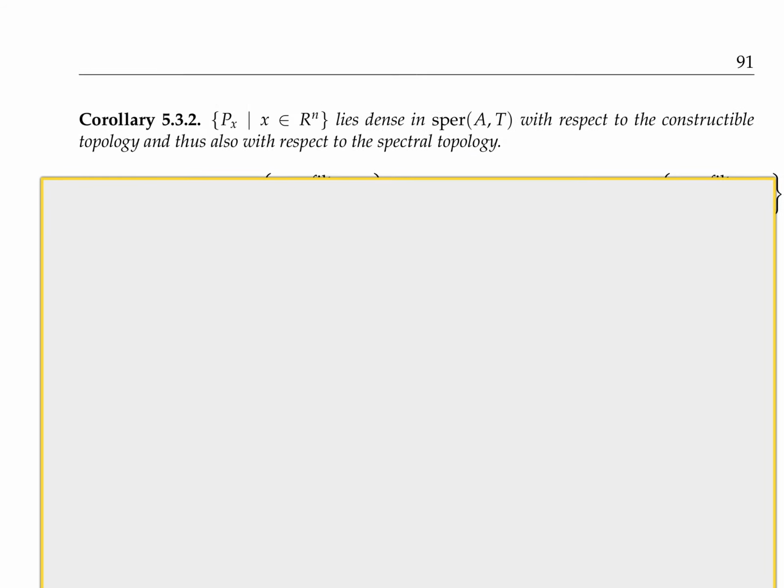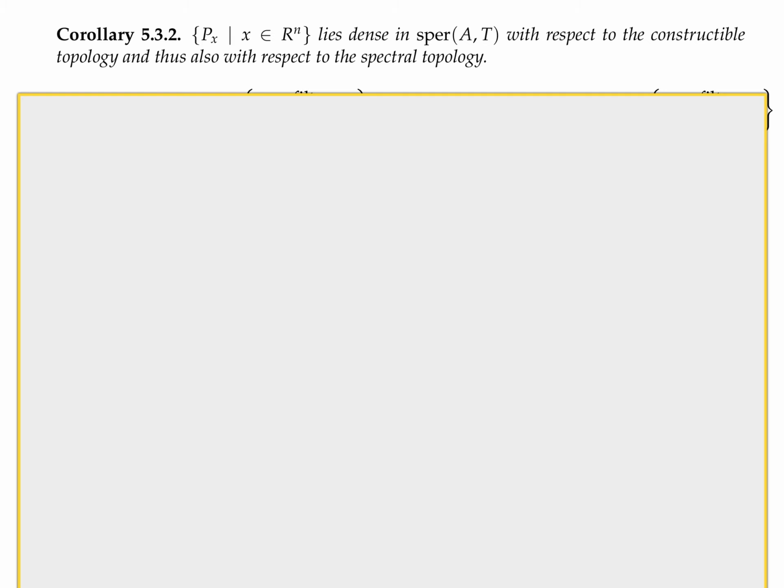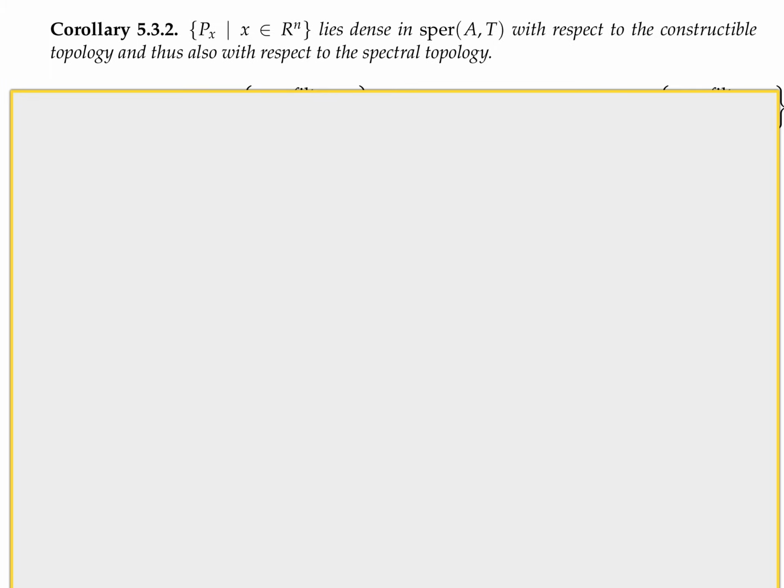So the set of all prime cones p_x attached to the points x in R^n lies dense in the real spectrum of AT with respect to the constructible topology, right?